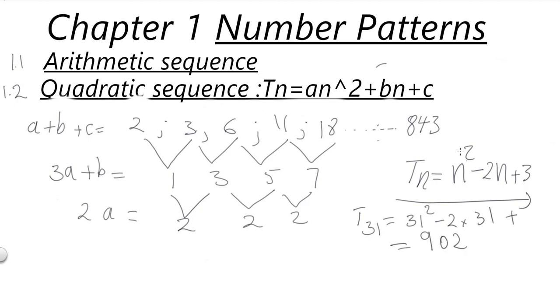So meaning that if this is T30, T31 will be 902. All right. So now I want you to look at one thing here.